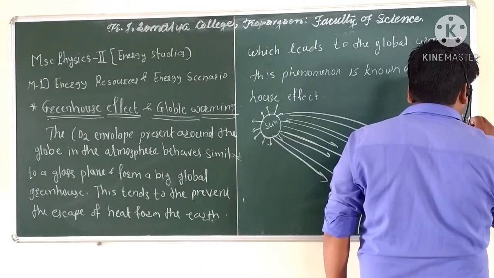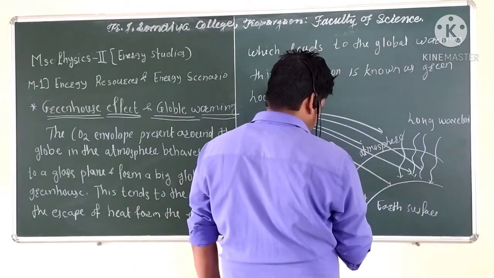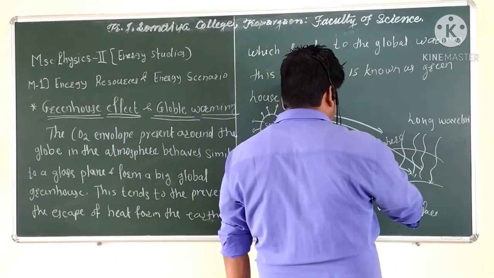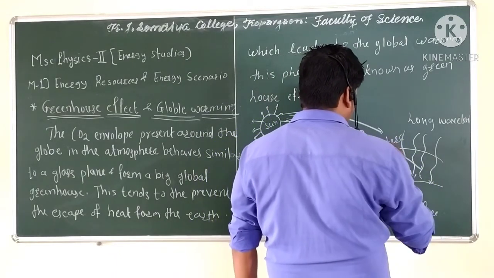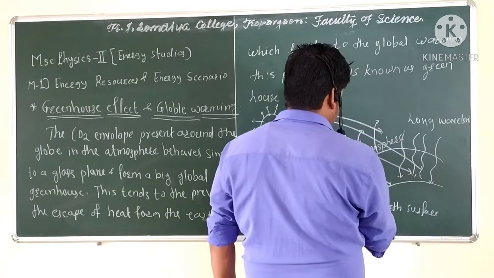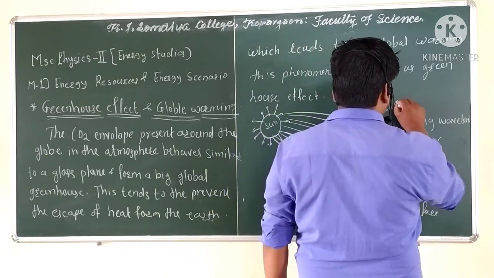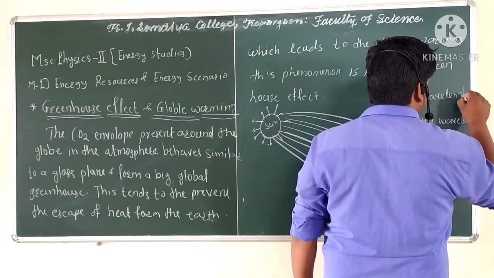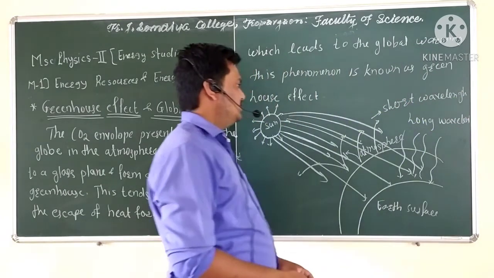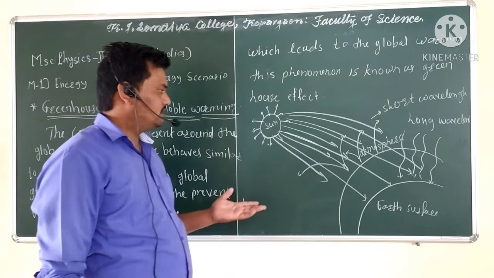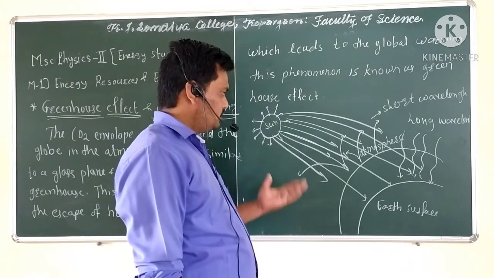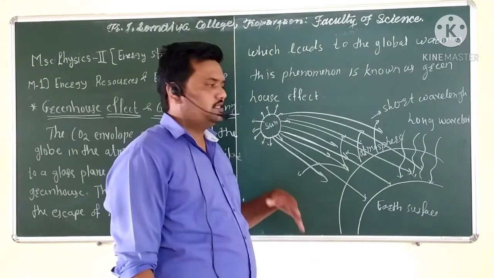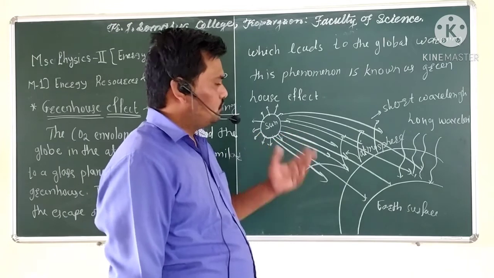And some radiation is incident here and is reflected, because it does not have much power to reach the earth surface, so that is considered as the short wavelength. Because we have to know the various differentiations of solar radiation: some radiation is UV radiation, IR radiation, visible radiation, and so on. Some radiation has a short wavelength and some has a long wavelength.